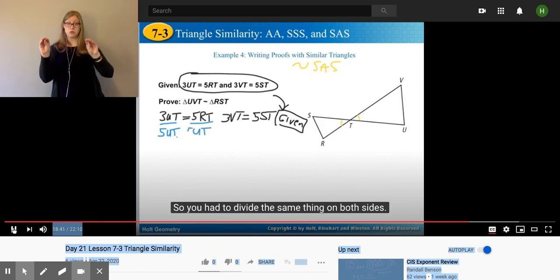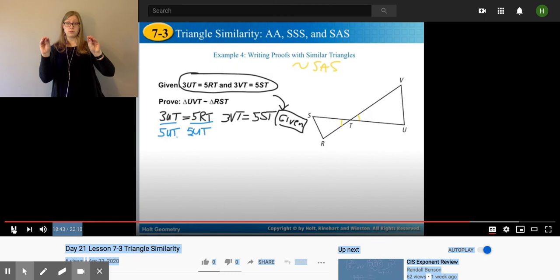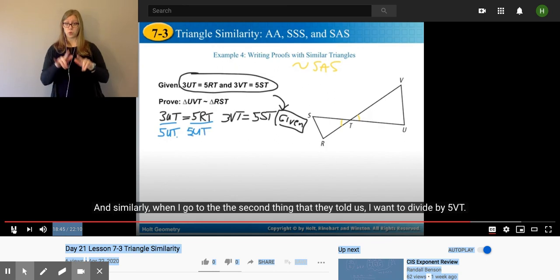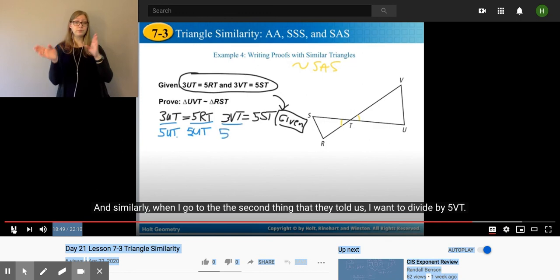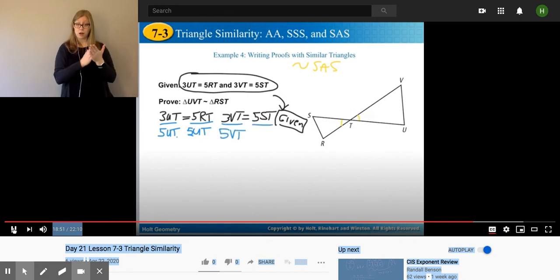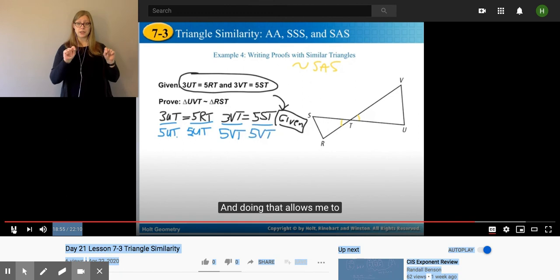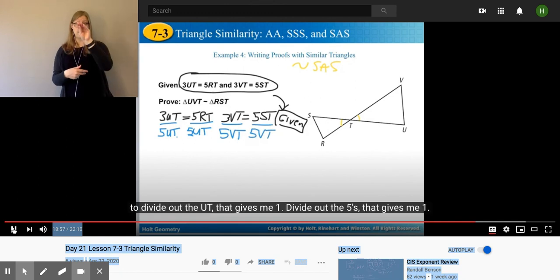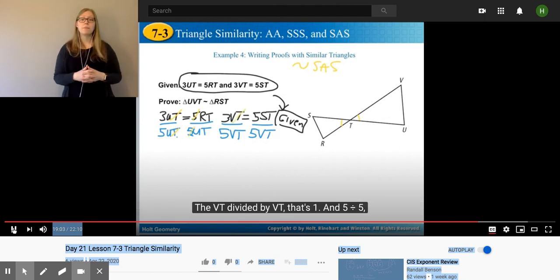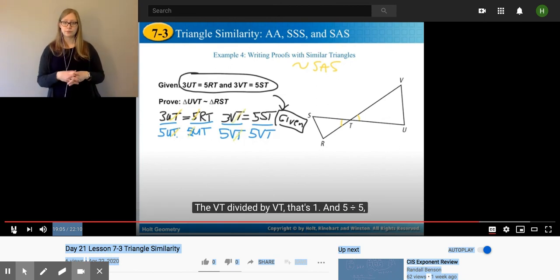So I got to divide the same thing on both sides. And similarly, when I go to the second thing that they told us, I want to divide by 5 VT. Right? And doing that allows me to divide out the UT, that gives me 1. Divide out the 5s, that gives me 1. The VT divided by VT, that's 1. And 5 divided by 5, that's 1.